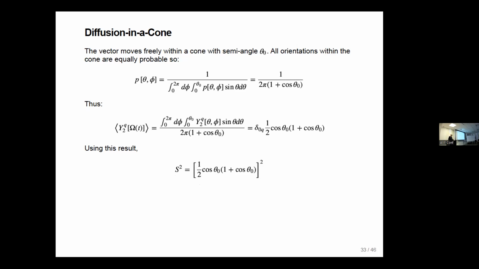So if you look back in the literature, it's quite common for people who measure order parameters to convert them into the effective cone semi-angle to get an idea of roughly how large the fluctuations are, say for the bond orientation in secondary structure.